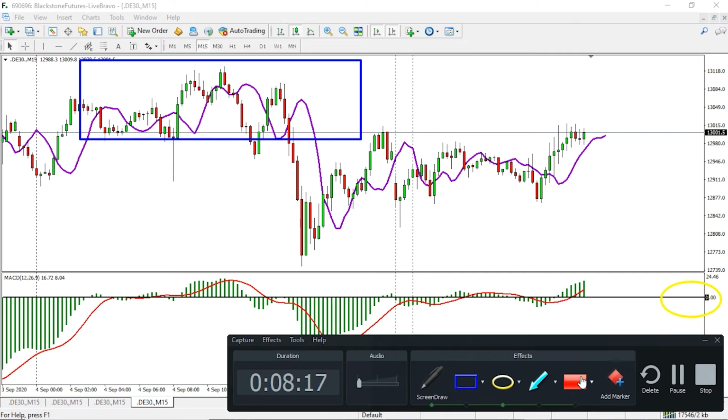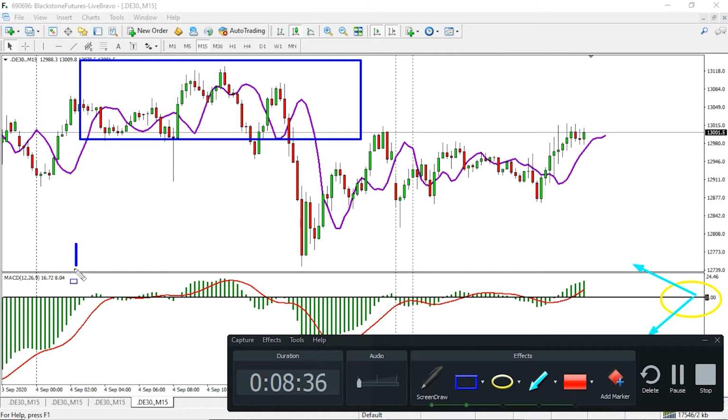Remember, that's the waterline. Because it's contrarian, we want price to be above it for a short, below it for a long. In this particular instance, we had called for a short trade, and so we wanted it above.